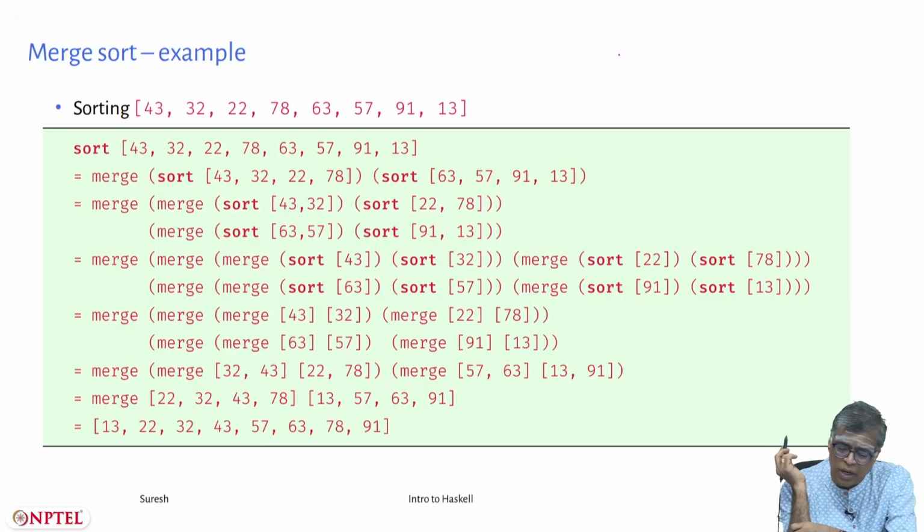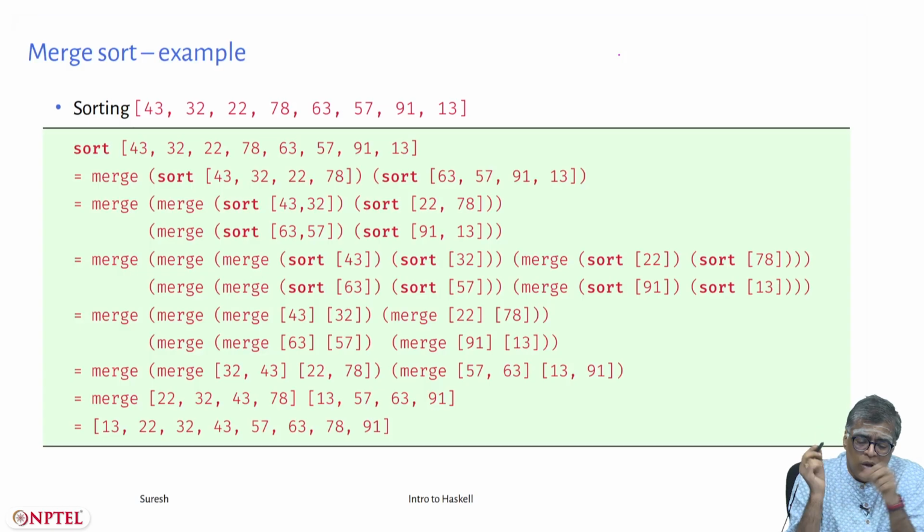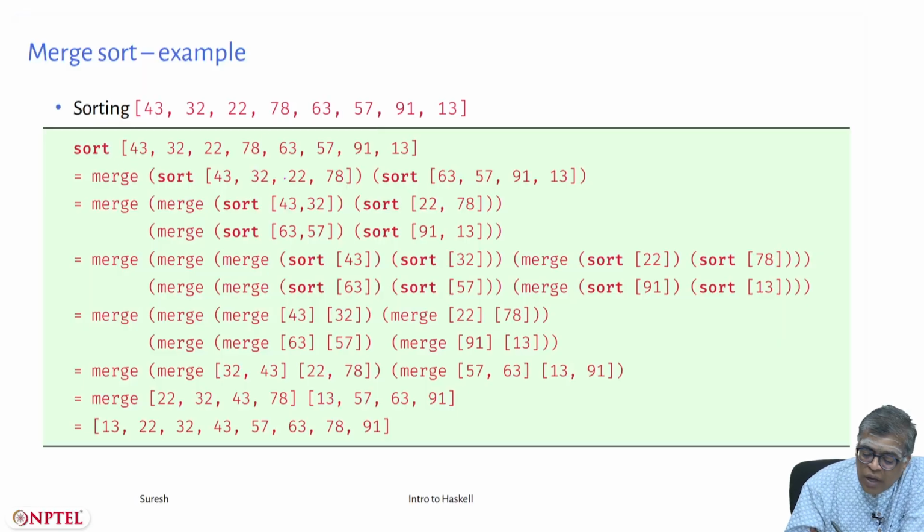If you want to sort 43, 32, 22, 78, 63, 57, 91, 13, so this is some random list, I'll split the list in half. Here conveniently the list is of length 8, which is a power of 2, but even otherwise it doesn't matter, it will all work out. So I will split the list exactly here.